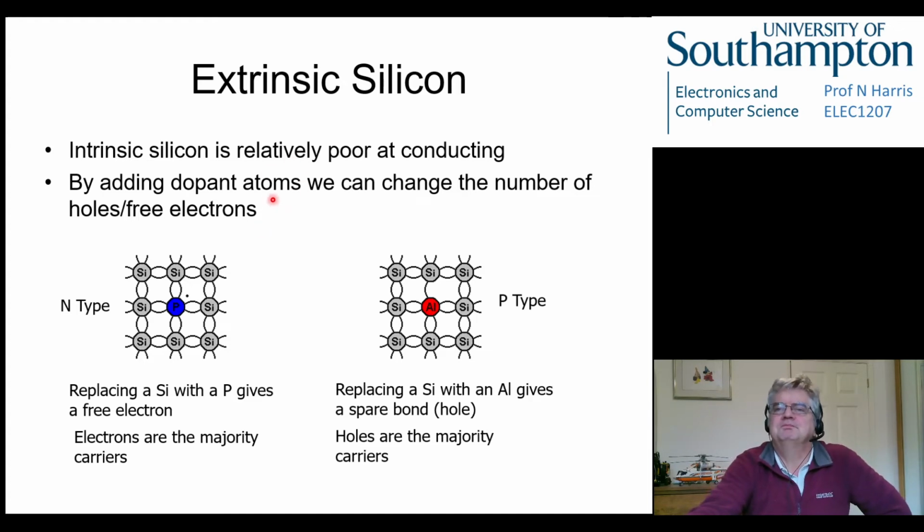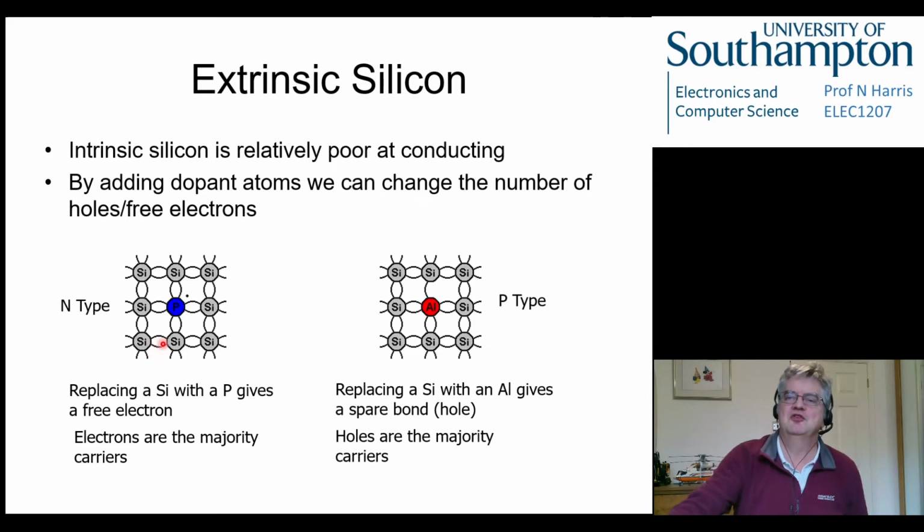So, if we add dopant atoms, we can change the number of holes or electrons. So here's our crystal structure of silicon, and we've replaced one of the silicon atoms with, in this case, a phosphorus atom. And phosphorus, the difference between it and silicon is it's got an extra electron.